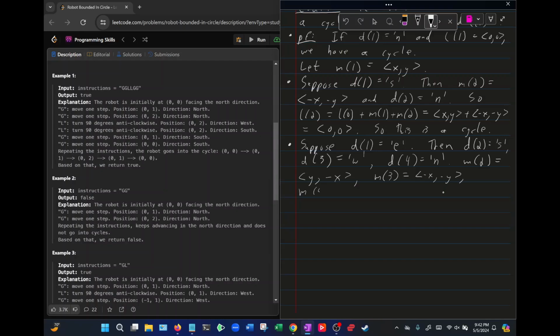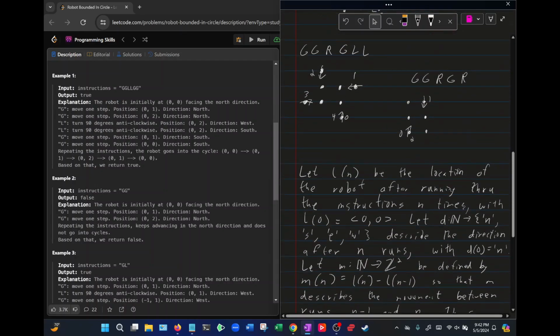Then M4, well, you can kind of see a pattern here, but just to confirm, basically what you do is you reverse the x and the y coordinate, and then you put a minus sign on the second coordinate. But let's confirm that here.